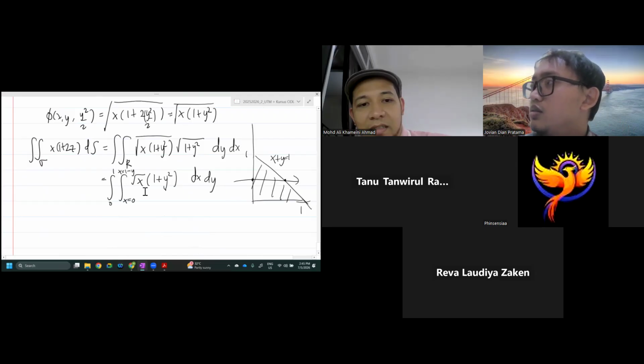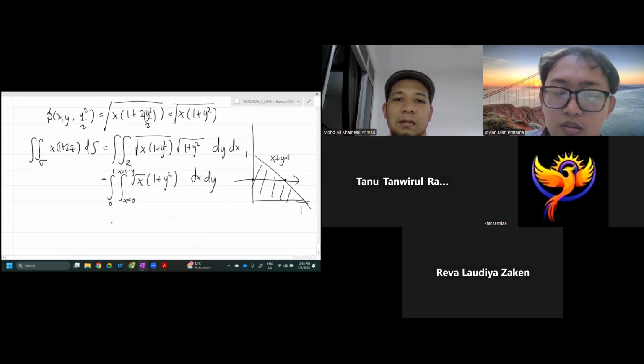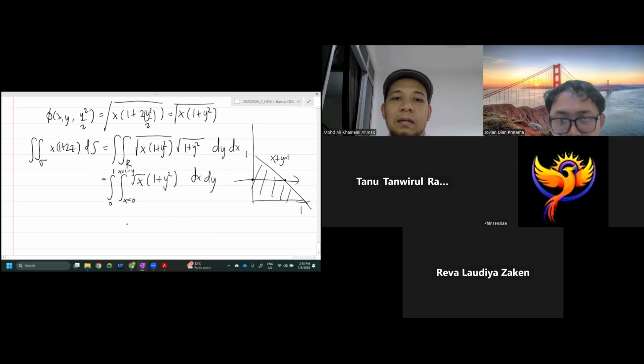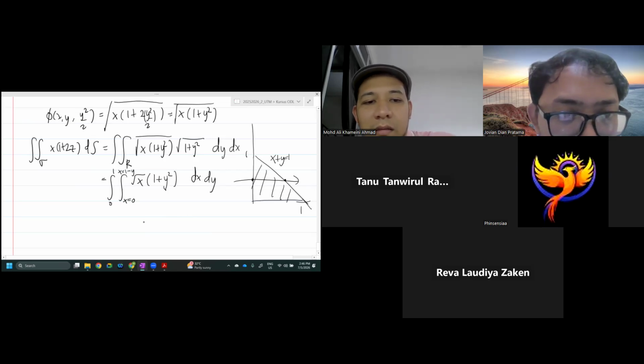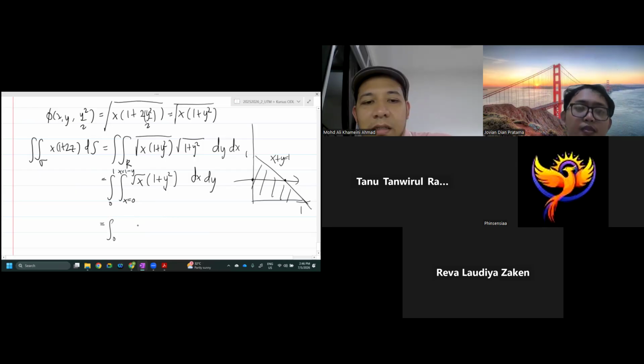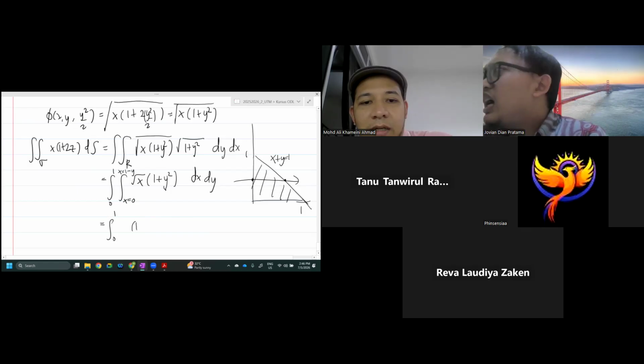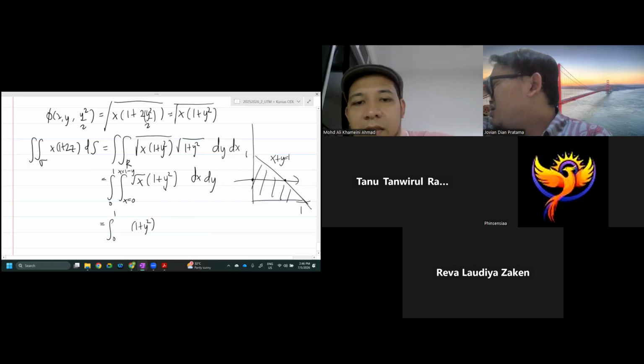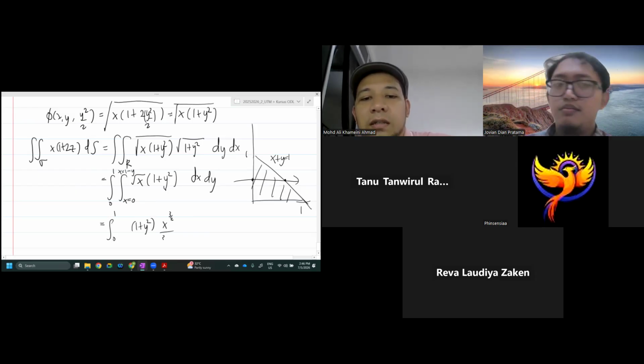So if here I integrate first with respect to x, what do I get? I will get, from 0 to 1, x times (1 plus y squared) to the 3 over 2, right? 1 over 2 plus 1, you get 3 over 2.